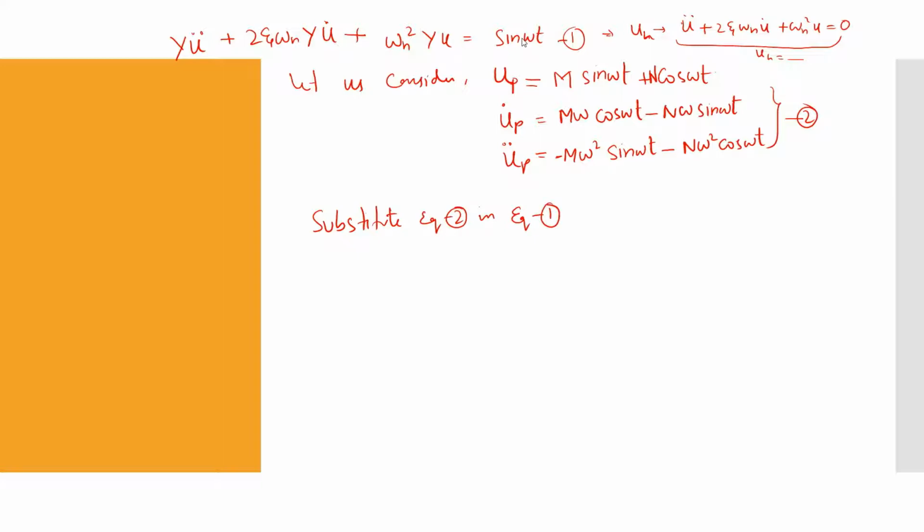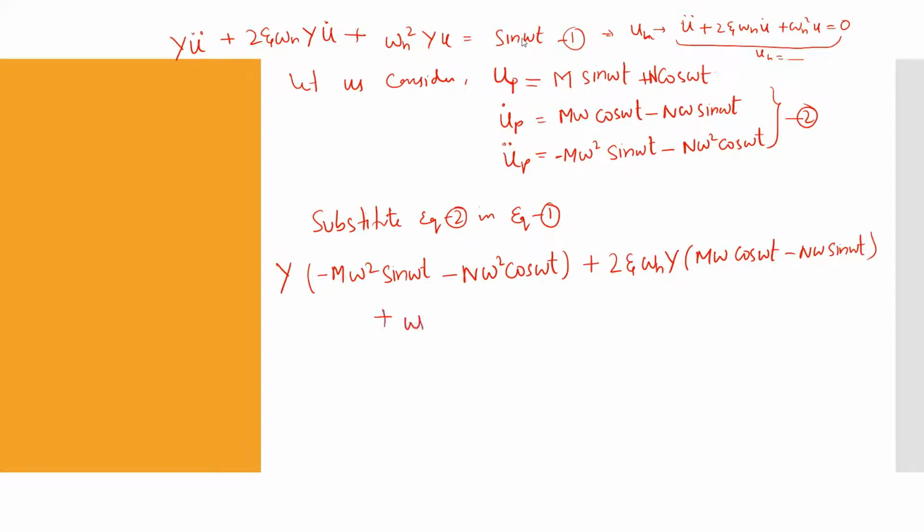So y into u double dot is minus m omega square sine omega t minus n omega square cos of omega t, plus 2 xi omega n y into u dot, and u dot is m omega cos of omega t minus n omega sine of omega t, plus omega n square into y of u, and u is m sine omega t plus n cos omega t, equals sine of omega t.